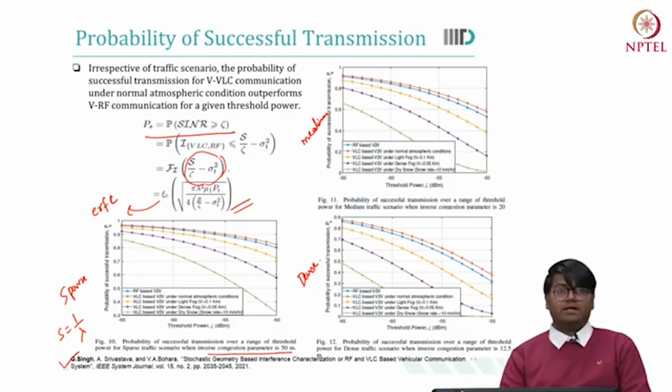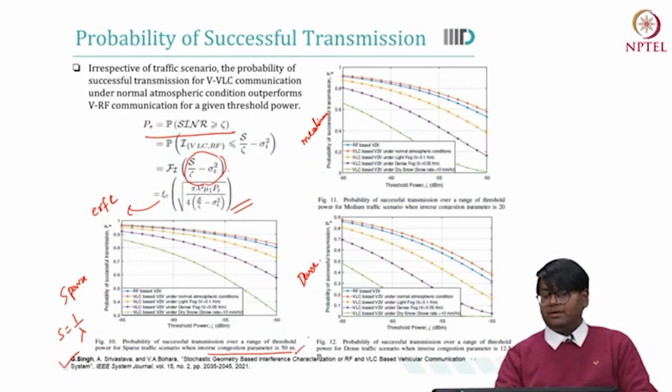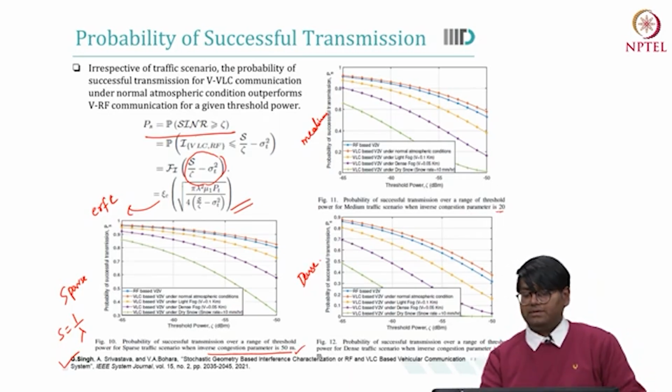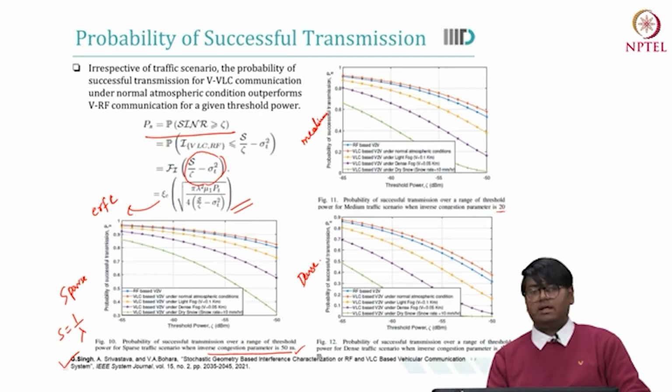In other words, the vehicular density is 0.02. The sparse scenario is characterized by an inverse congestion parameter of 50 meters, the medium traffic scenario by 20, and when we decrease it to 12.5, we have a dense traffic scenario.